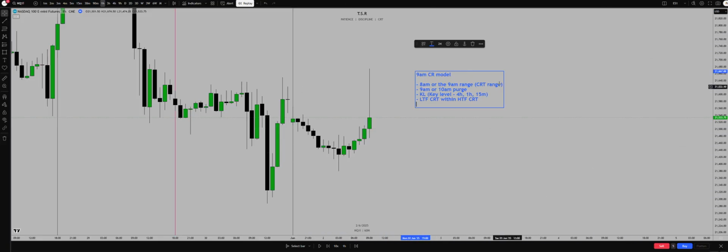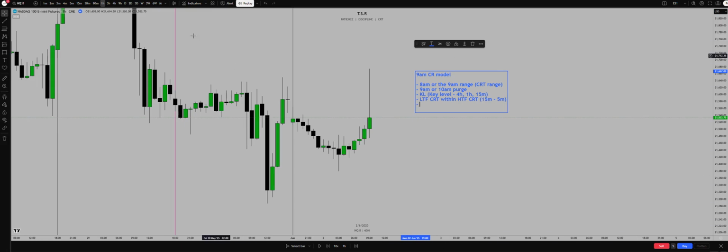I'm forced to explain this again and again until it's ingrained inside of your brains. So: 8 a.m. or 9 a.m. range, 9 a.m. or 10 a.m. purge, key level, either 4 hour, 1 hour, 15 minute, even the daily and weekly time frames, and lower time frame CRT within the higher time frame CRT. Some of you might be wondering, what time frame is that? Either the 15 minute or the 5 minute.